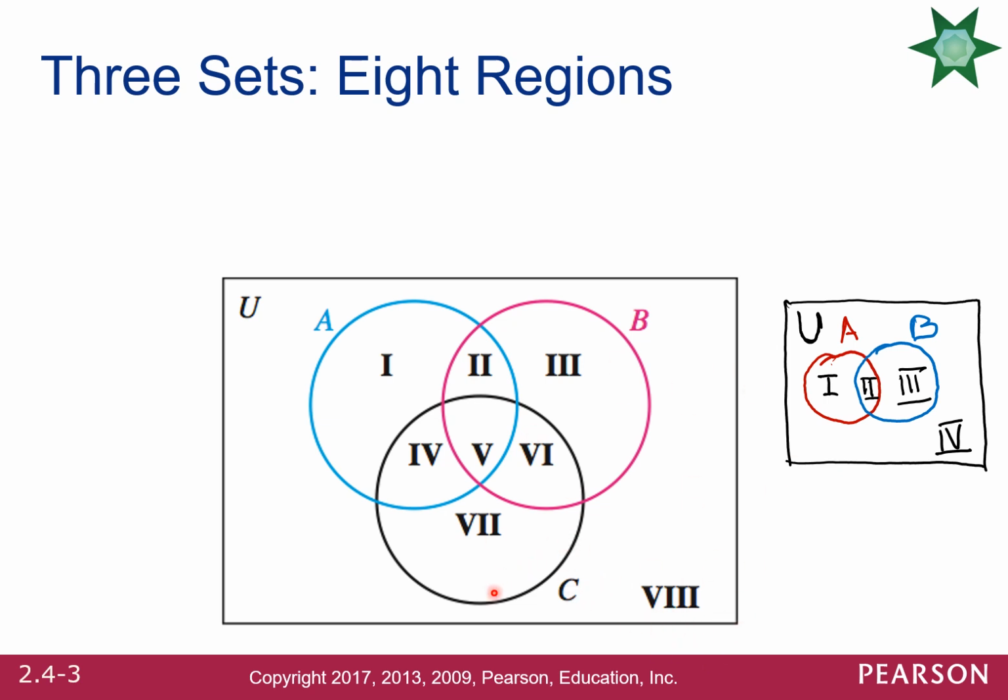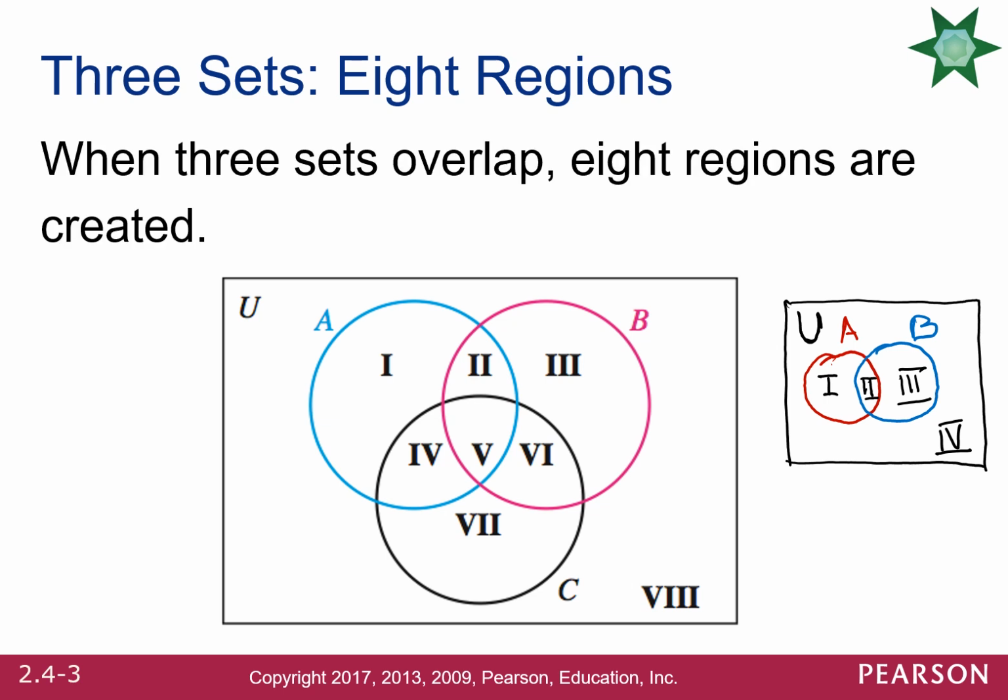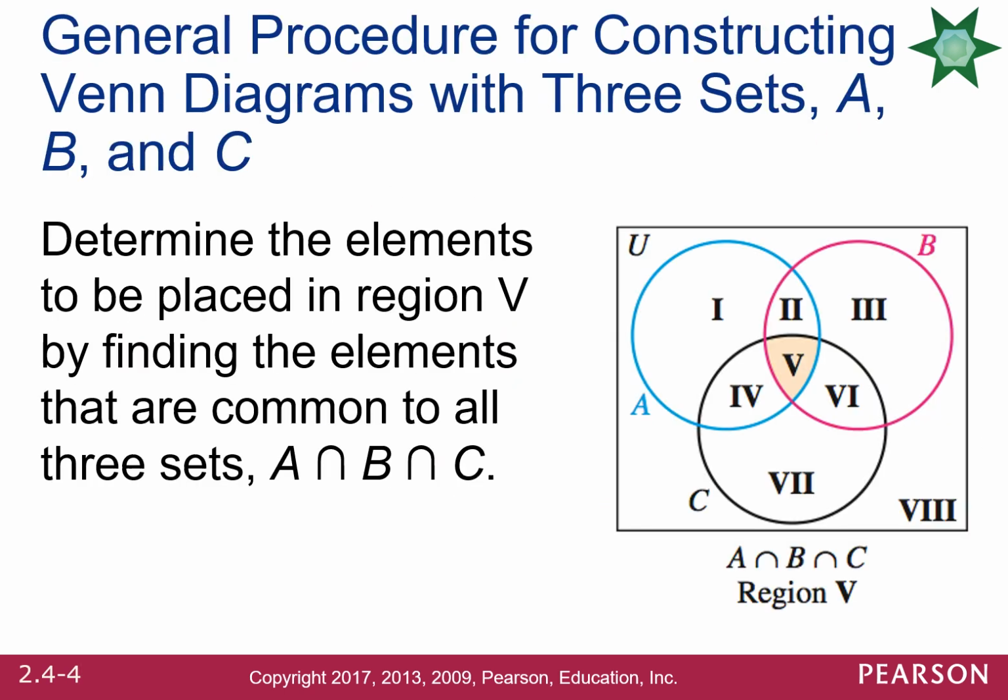So when we work with Venn diagrams with three sets, we end up with 8 regions. So when three sets overlap, 8 regions are created.